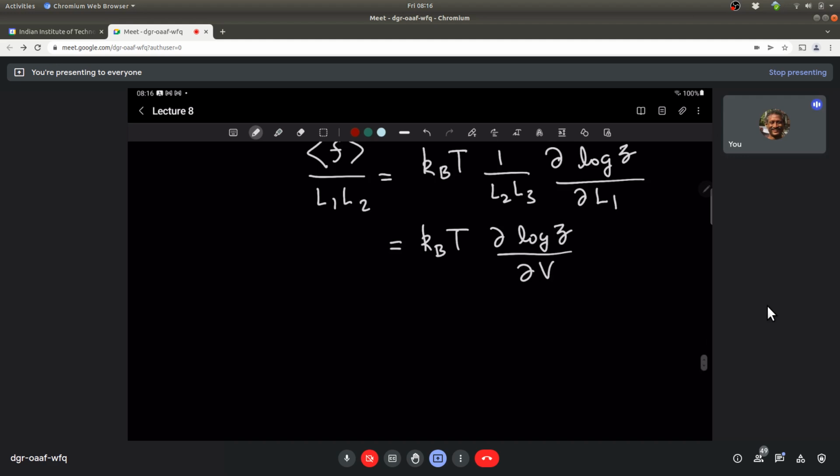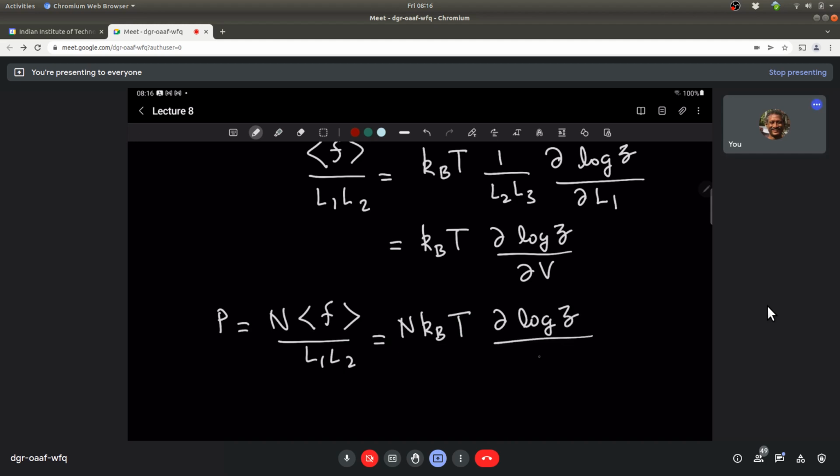This is due to one particle. So pressure will be n times, since there are n particles, each of them will act, n times F divided by L1, L2, and this is equal to n kBT, d log z by dV.